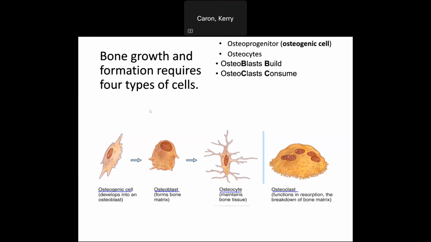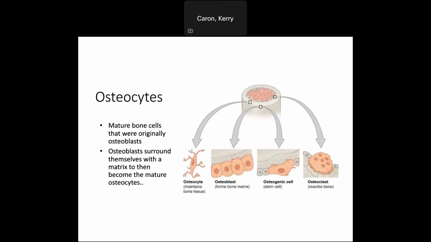Ooh, I think I skipped. Osteocytes are mature. That's what happens after osteogenesis. They're mature. They were originally osteoblasts. They surround themselves, they form. So an osteocyte is going to form the bone matrix. An osteoclast is going to reabsorb some bone or break it down.